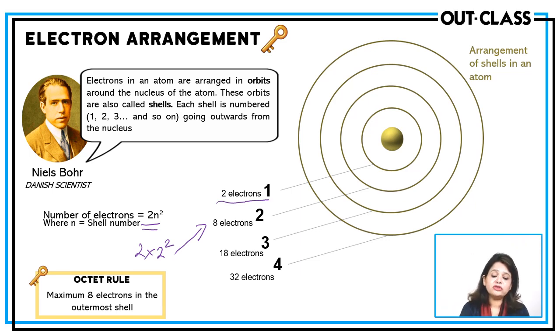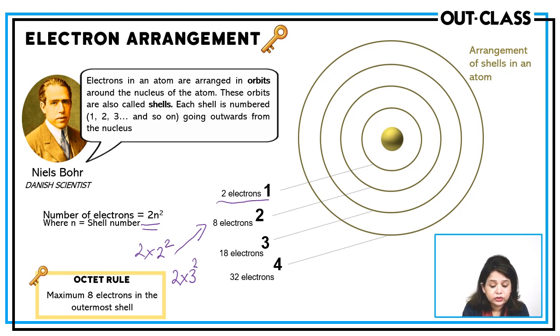The capacity of the third shell is, if you count it, 2 into 3 square, and that makes it 18, not 8. But as in our syllabus, we are going to cover only the first 20 elements, so we are fixing the number of electrons to 8 in the third shell, because if the third shell is the outermost shell, it cannot have more than 8 electrons.